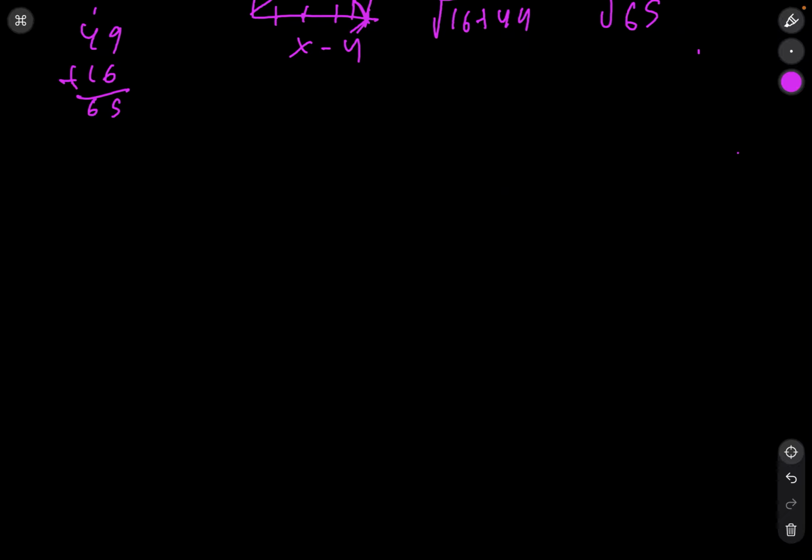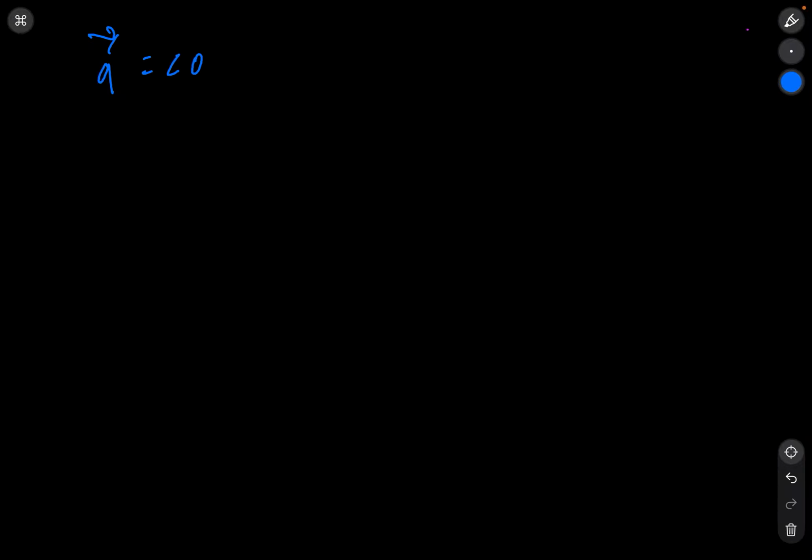But let's say you had two vectors together. Let's say you had vector A, which was equal to 0, 2, and then vector B, which was equal to 6, 7. How would we add these two vectors together, both algebraically and visually?